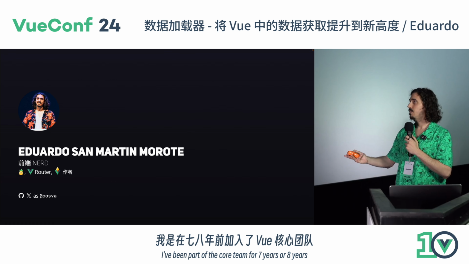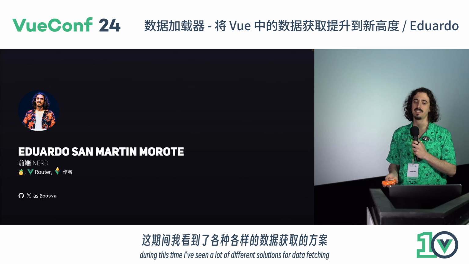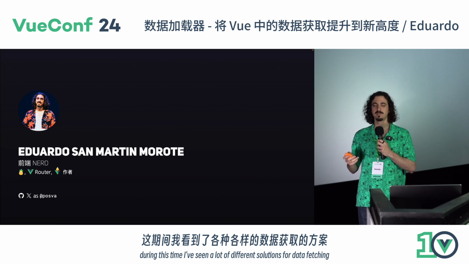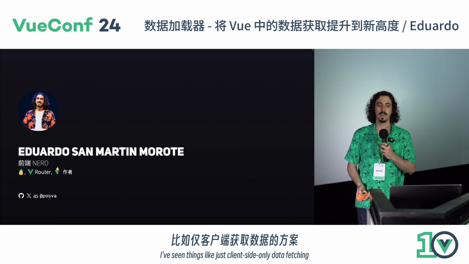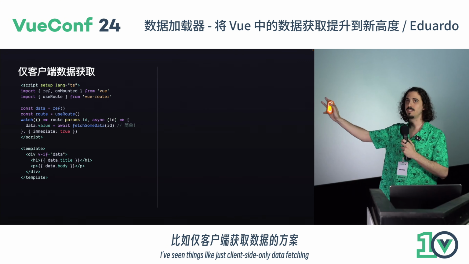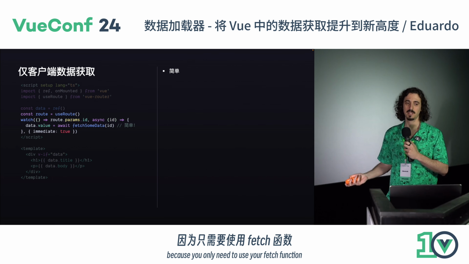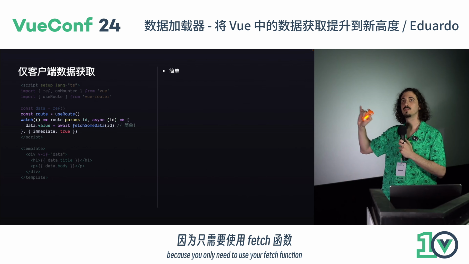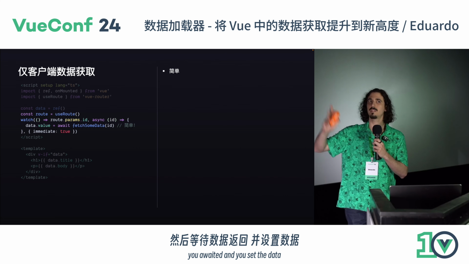So I've been part of the core team for 7 or 8 years. And during this time, I've seen a lot of different solutions for data fetching. I've seen things like client-side only data fetching. It's a very simple approach because you only need to use your fetch function, await it, and set the data.